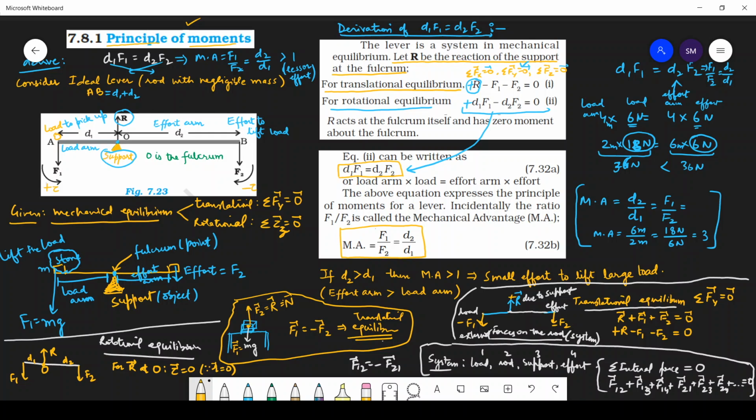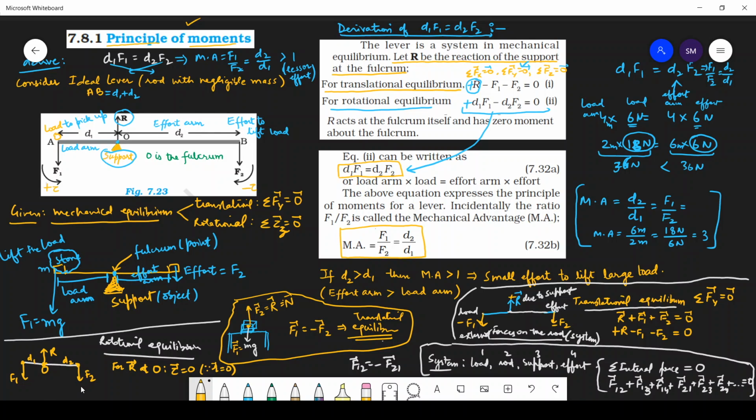Here it is D1. Here it is D2. And in the case of the point of application of R and origin, it is 0. So if you want to write, you can write. There is no problem with it.